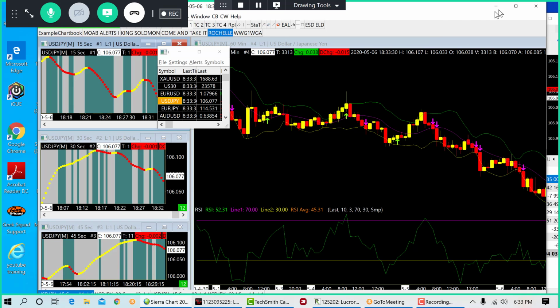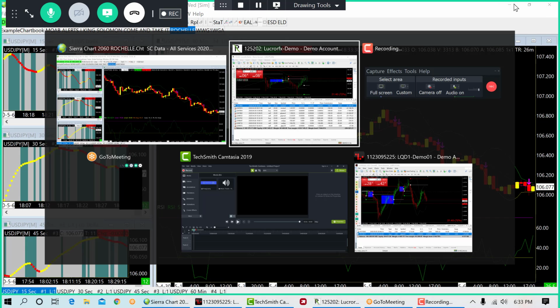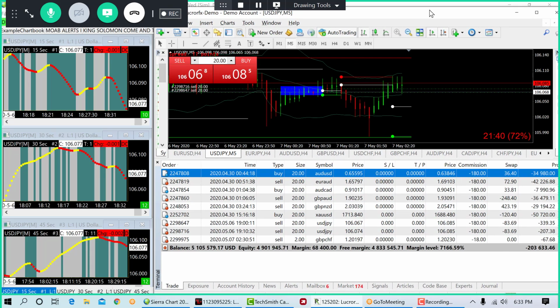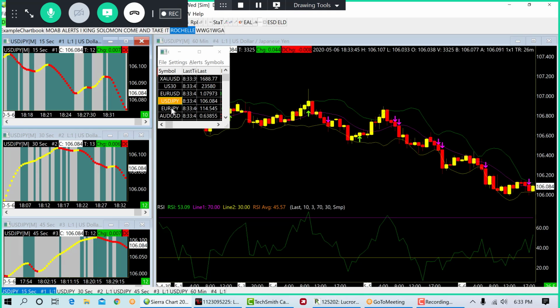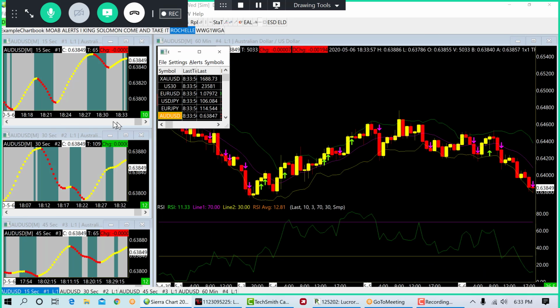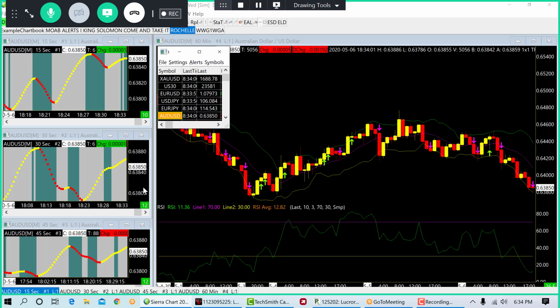We'll go to the next trade. Let's go to Euro Yen. There's no agreement here. This is kind of kissing, and this is over the rope, no agreement. Aussie dollar, US dollar. Now here's the thing about scalping.